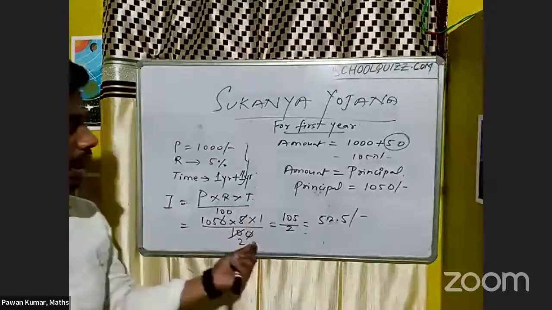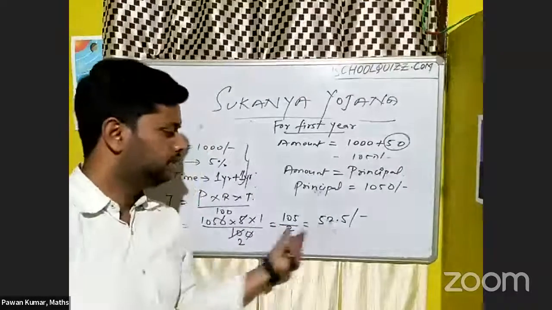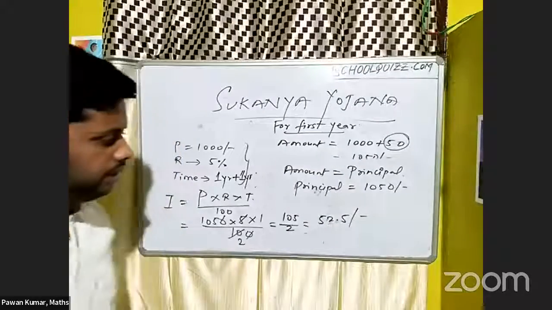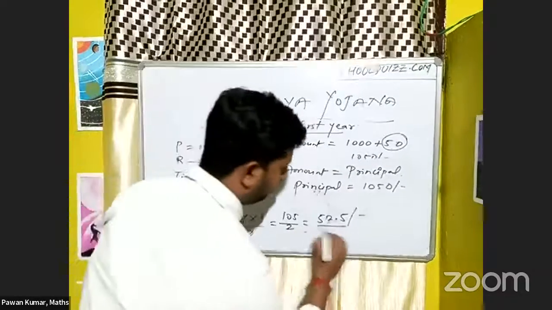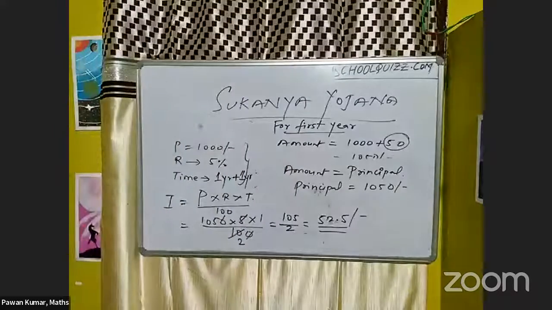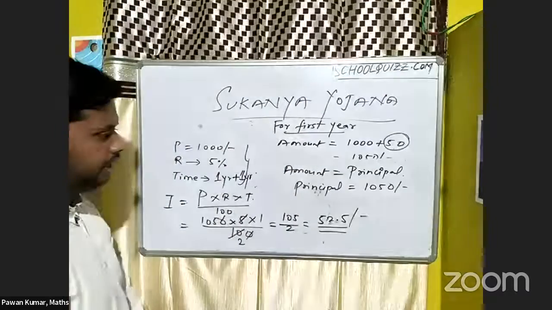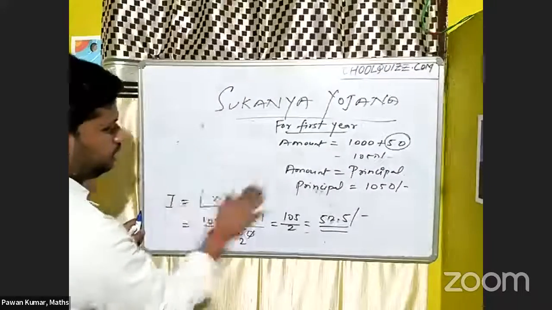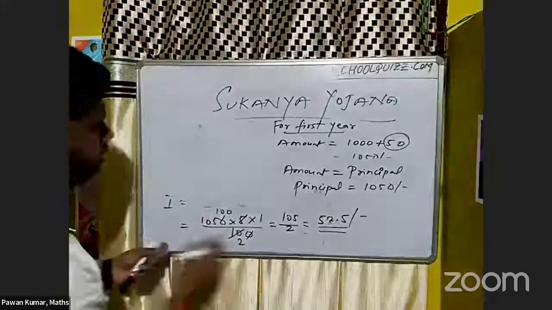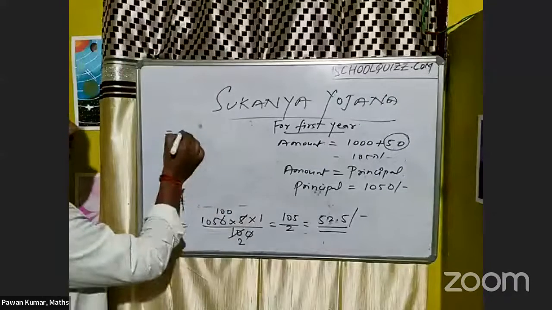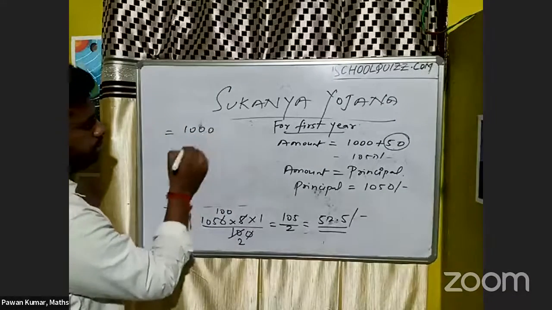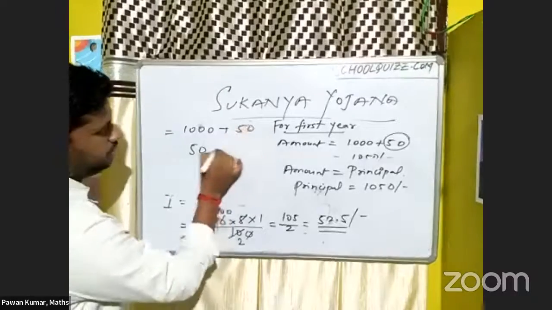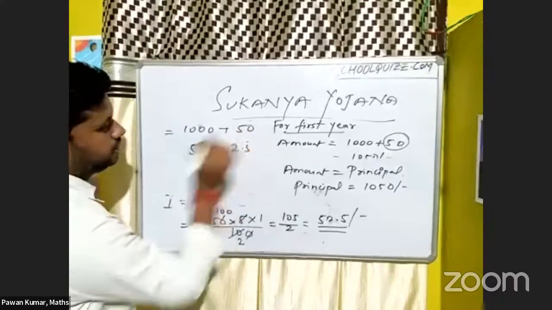Half of 100 is 50 rupees and half of 5 rupees is 2.5. So for the next year you have to pay 52 rupees 0.5. What is the meaning of this? For 1000 rupees they charge you 50 rupees, and for that 50 rupees also they charge you 2.5 rupees.